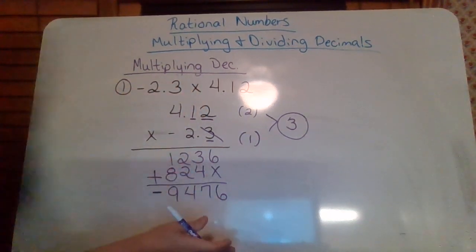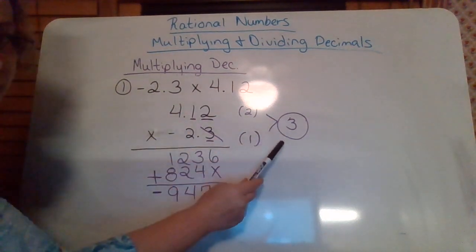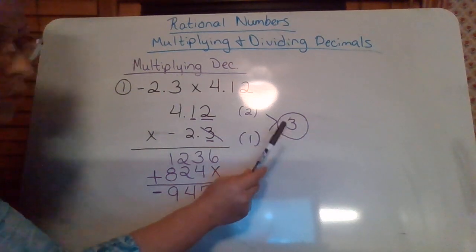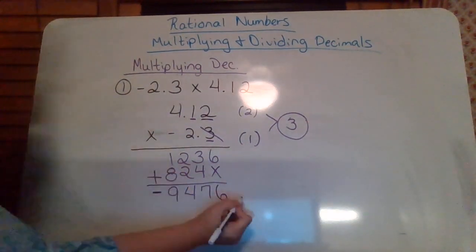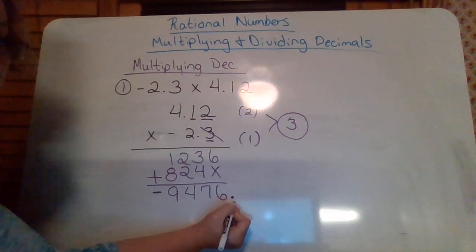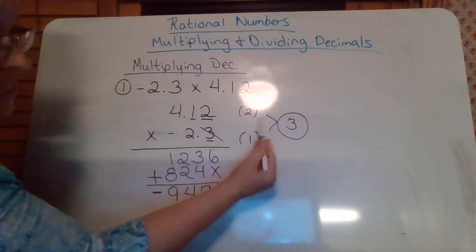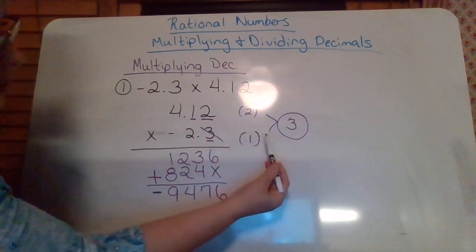Now I'm going to worry about my decimal places. I told you we would come back to this 3. I have 3 decimal places, which means right now my decimal is sitting right here. It can't stay there though, because I have 3 numbers that have to be behind it, because that's what this tells me right here. 2 from the top and 1 from the bottom, so 3 total.